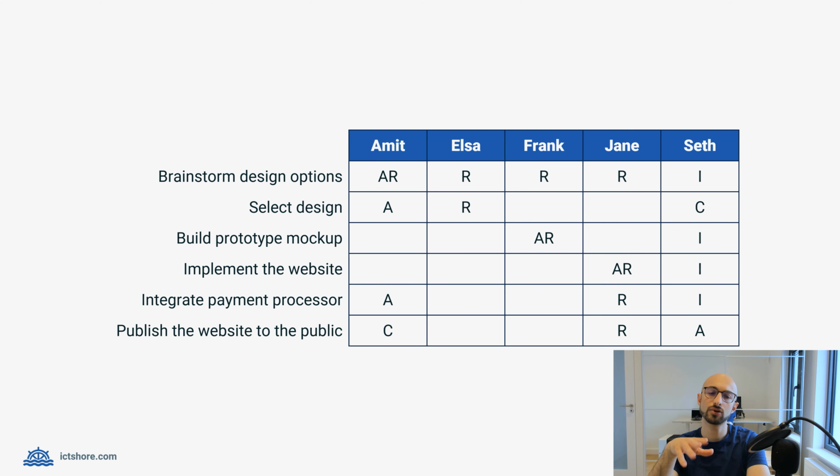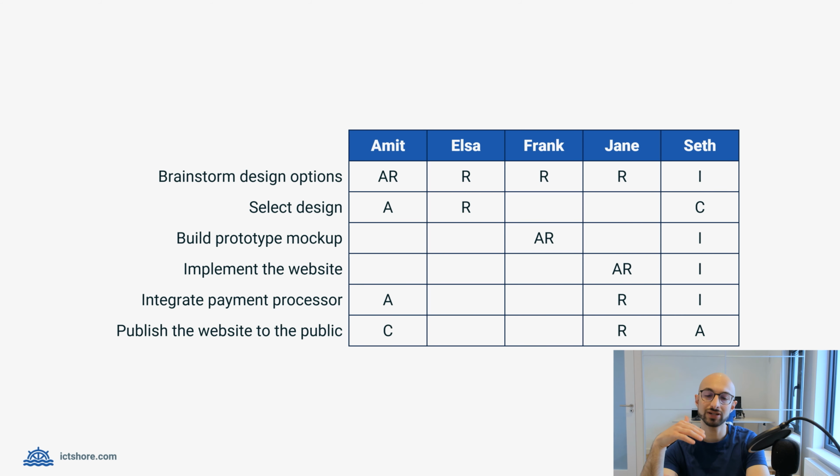So for example, this looks like a website design or creation project, and the first task is brainstorm design options, and we see that Amit, the first person involved, is going to be accountable, A, and also responsible, R, while Elsa is going to be just responsible, R.